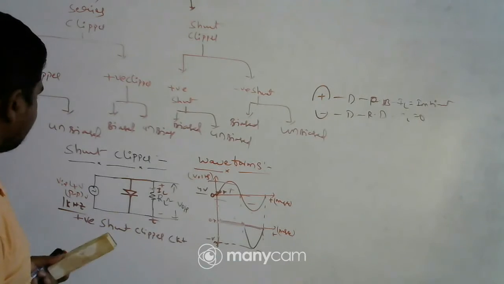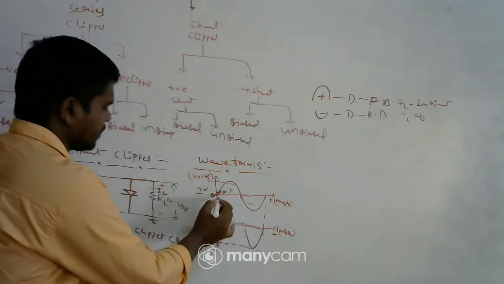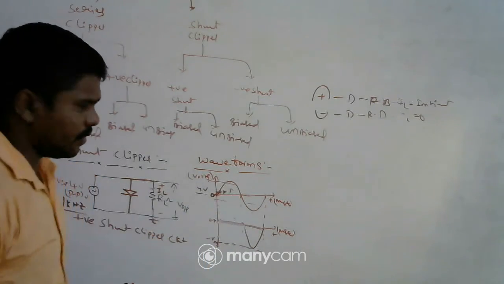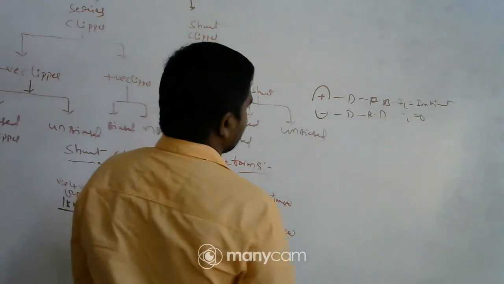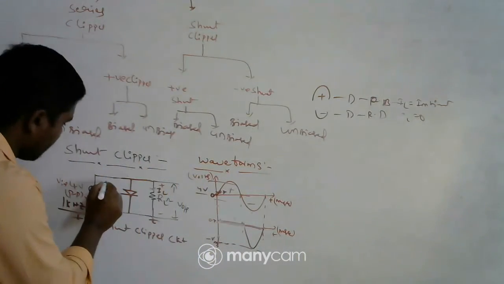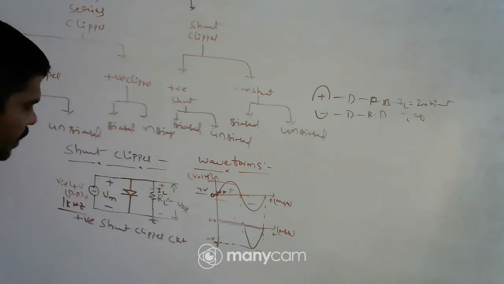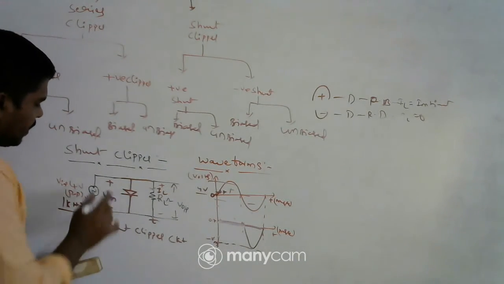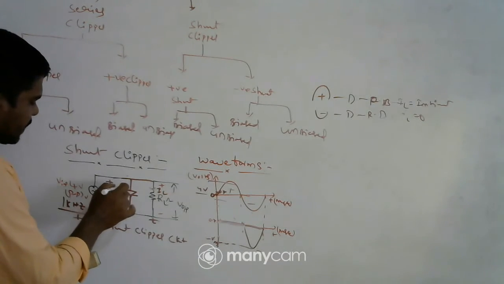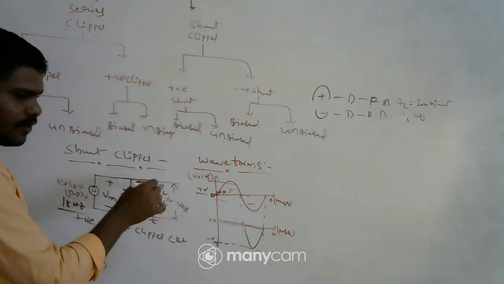When you apply the input signal, the input is 4 volts peak to peak. For a positive half cycle, the diode becomes forward biased, with positive half cycle Vm. Forward bias means the positive potential goes to the P region. It is not a constant voltage, it is an alternating voltage.